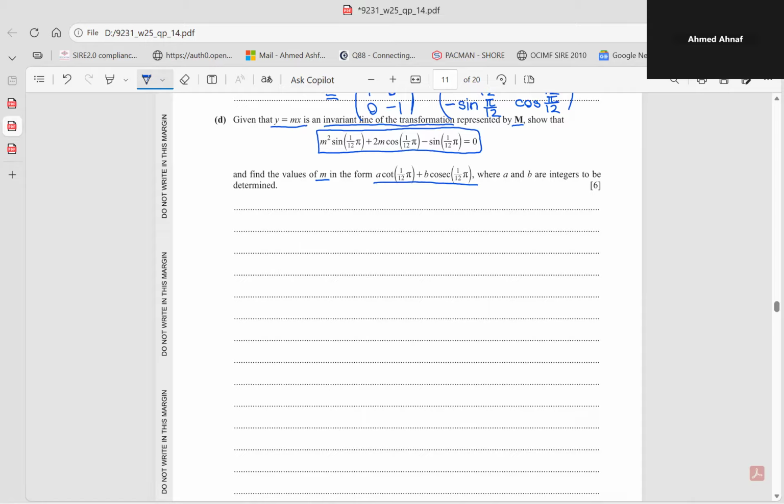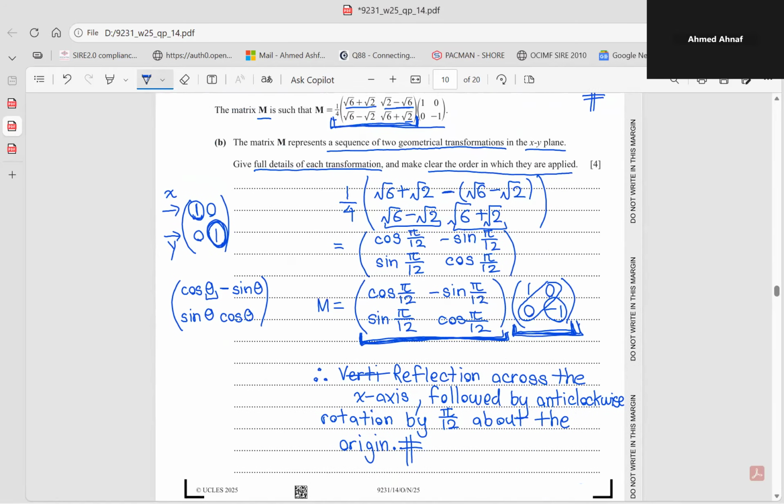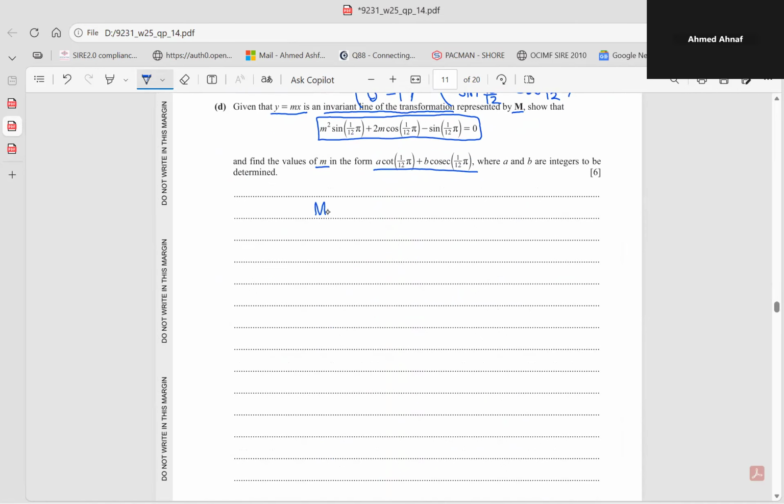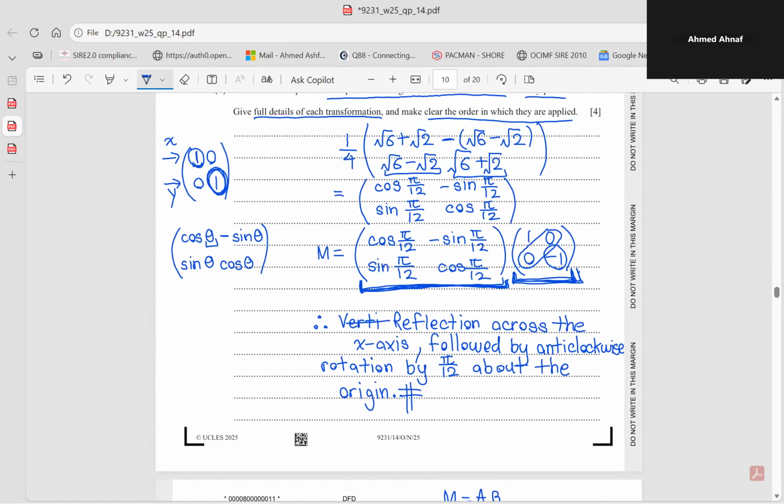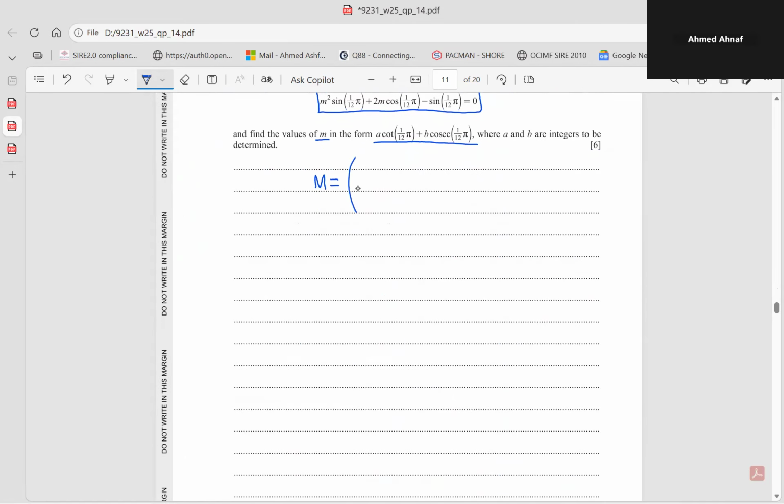So to do that, you first take M. Let's first express M in terms of a single matrix. So M is cos pi over 12, negative sine pi over 12, sine pi over 12, cos pi over 12, and this one is 1, 0, 0, -1.